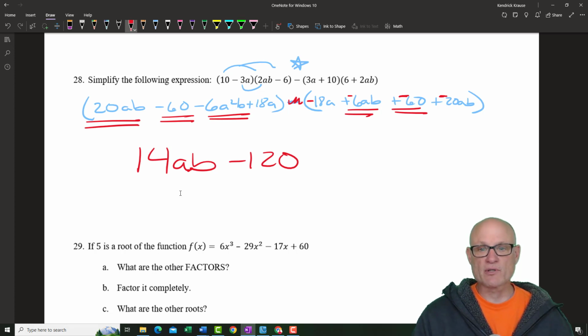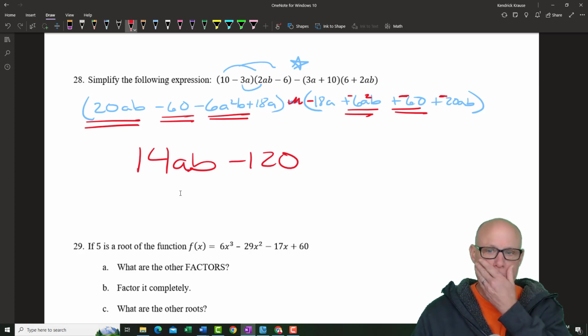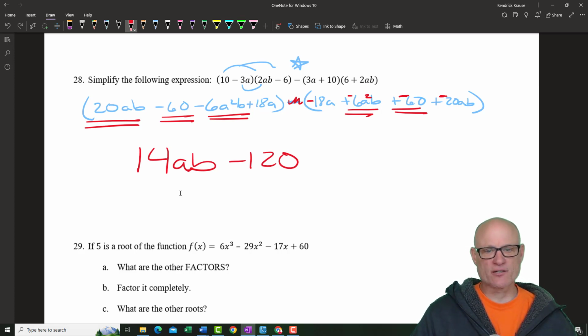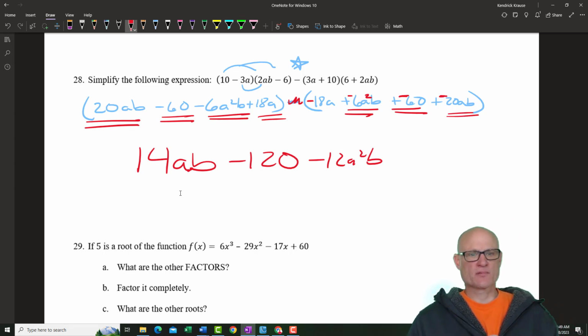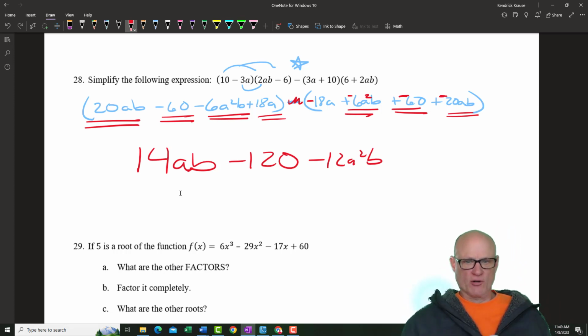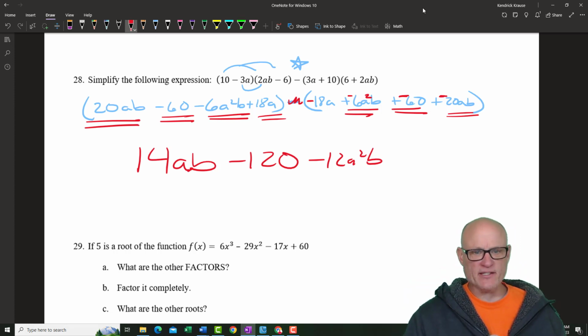Ooh, I believe this should be a squared b. I don't think I made a mistake. Minus 12a squared b. And then 18a minus, what is this? I feel like I made a mistake. Oh, negative 18a and negative 18a got to go.